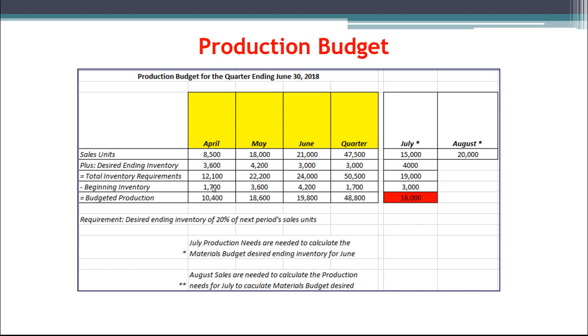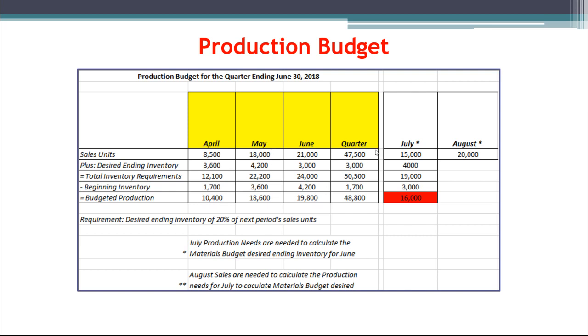So if we wanted to calculate the beginning inventory for April, we'd just take 20% of April's sales, that same month. That's a way to calculate it without having to recreate March. So we do not need to produce the 1,700 because we already have it. That tells us we need to produce 10,400. And May and June, you can do the exact same thing.